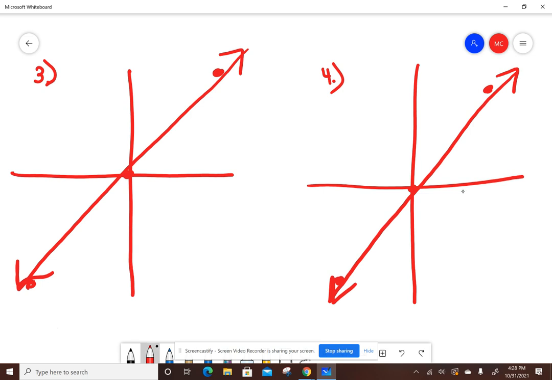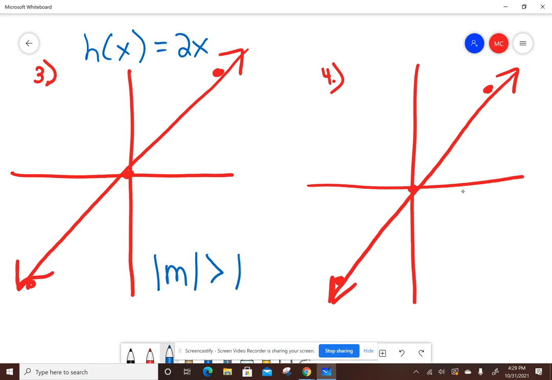Now, for number 3, they have h of x equals 2x. So now notice the slope has changed. And the absolute value of my slope is greater than 1. And when the absolute value of the slope is greater than 1, we call this a vertical stretch.